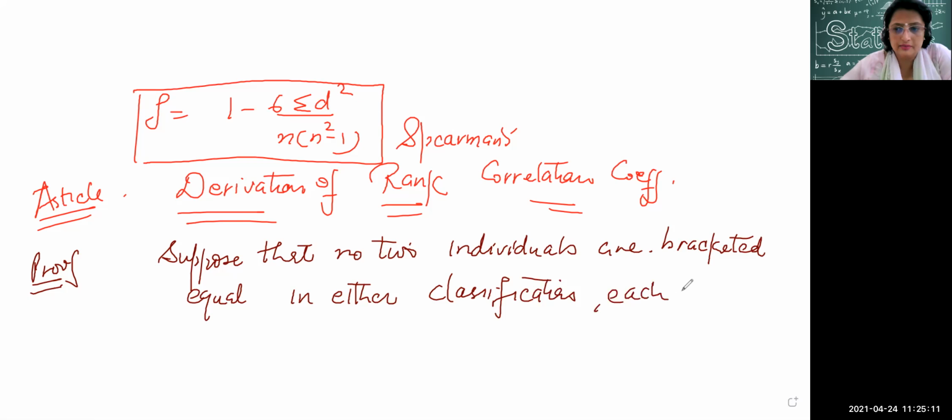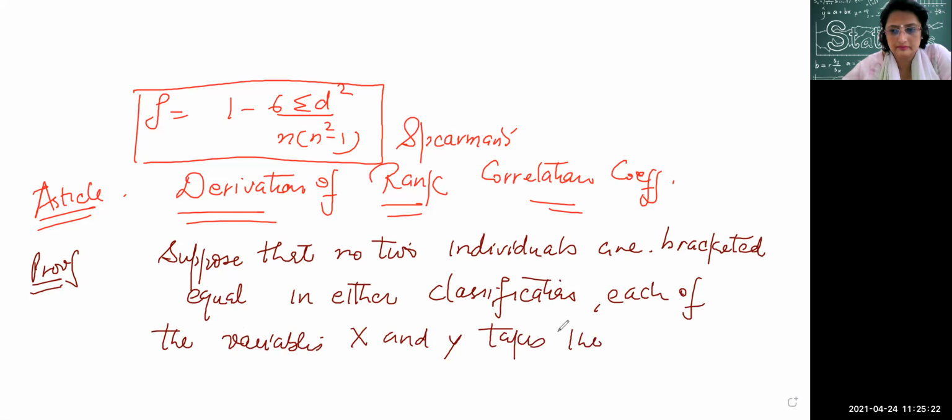Each of the variables x and y takes the values 1, 2, 3 so on up to n. So what is the meaning of this line?